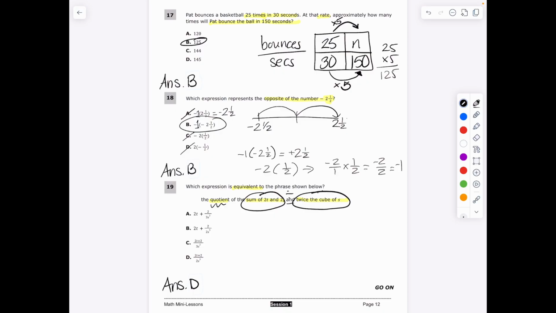Okay, so the sum of 2t and 2, so I'm adding 2t and 2, is being divided by 2 times the cube of s. That just means s to the 3rd power. Okay, so when I see quotient, I'm taking that first term and dividing it by the second term, and this matches D. Okay, so hit pause and jot this down into your notes.